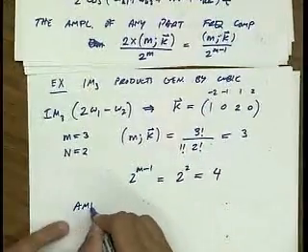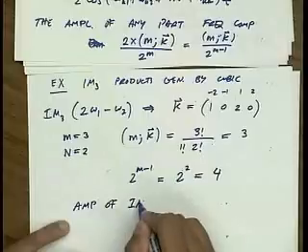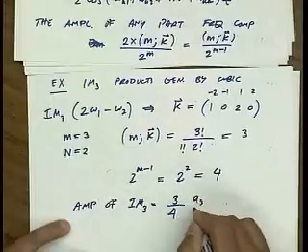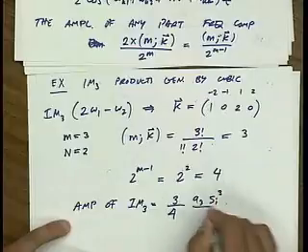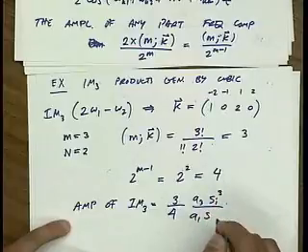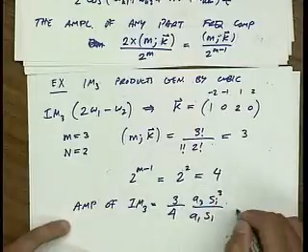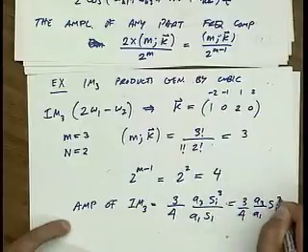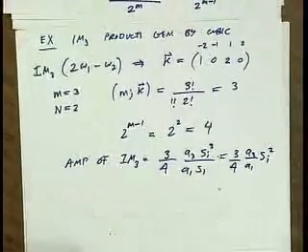So now I have that the amplitude of this particular IM3 product is 3/4 A3 S input cubed A1 S input, or 3/4 A3 over A1 S input squared. Okay?